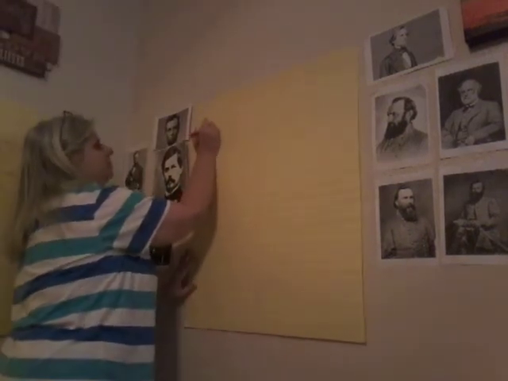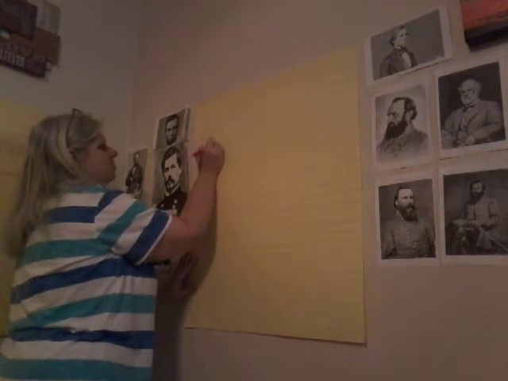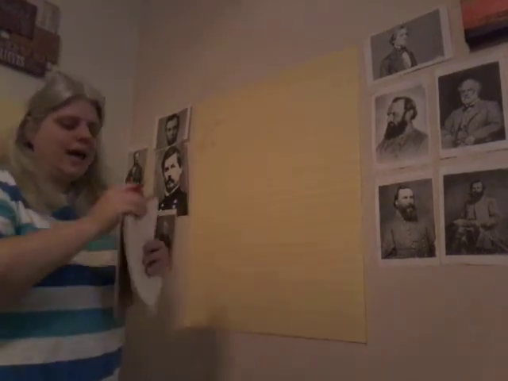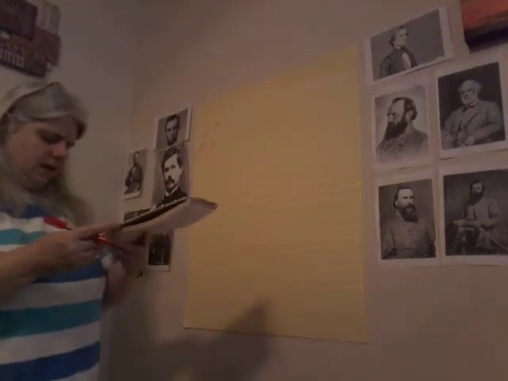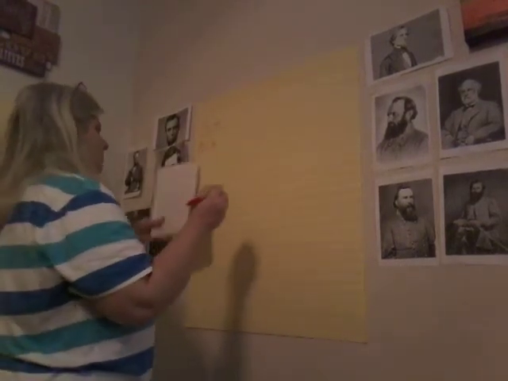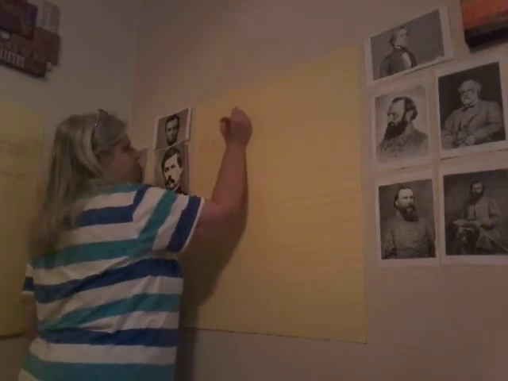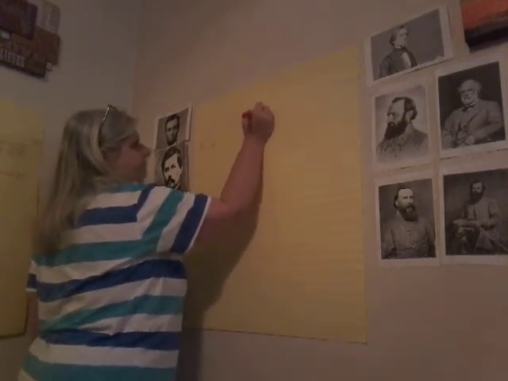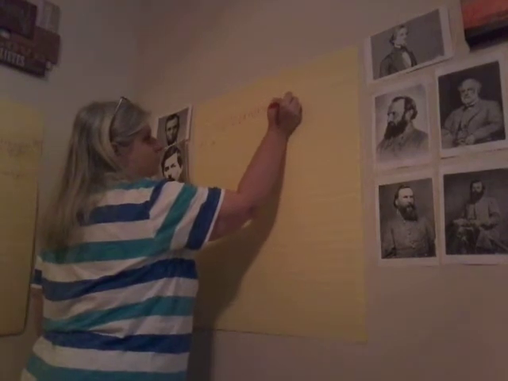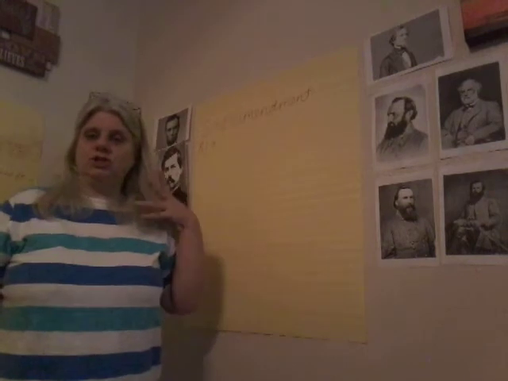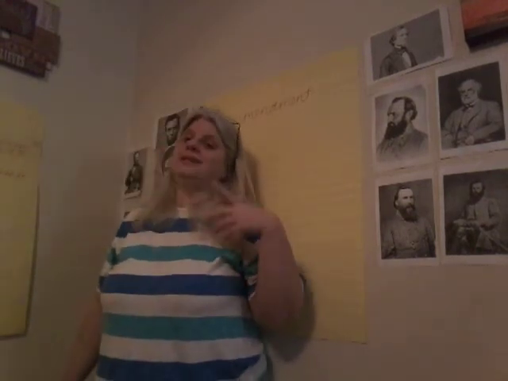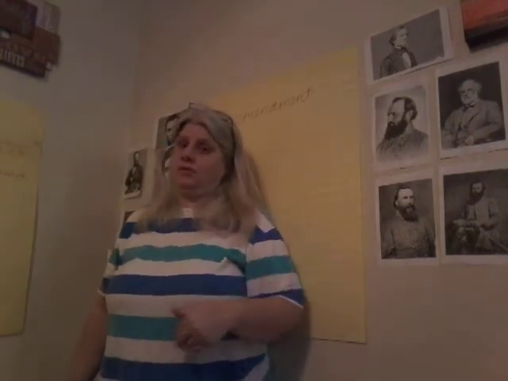So we have the South and we have the North. And they had different ideas of the authority that the federal government had over the states. So the South believed in the 10th Amendment, which states that any power in the Constitution that's not given to the federal government cannot be taken by the federal government.